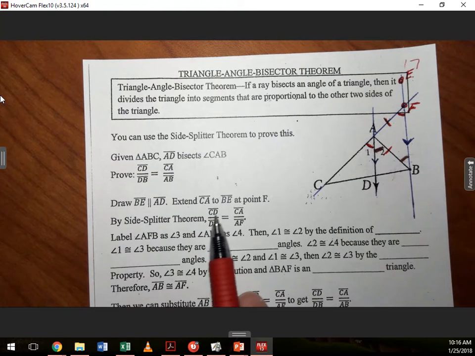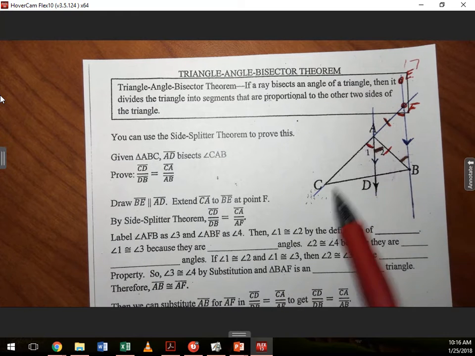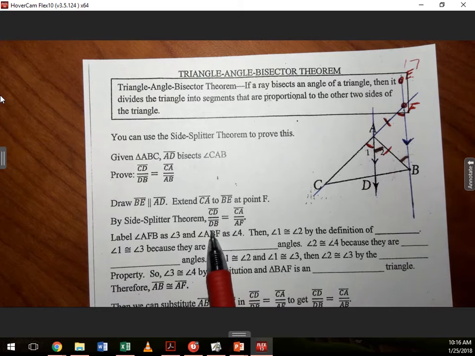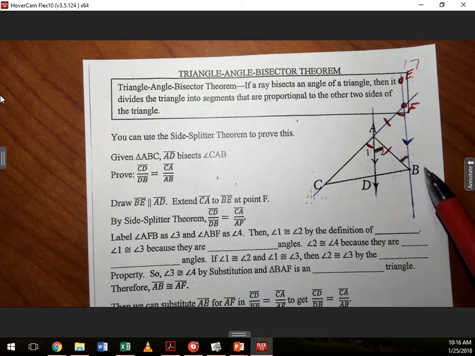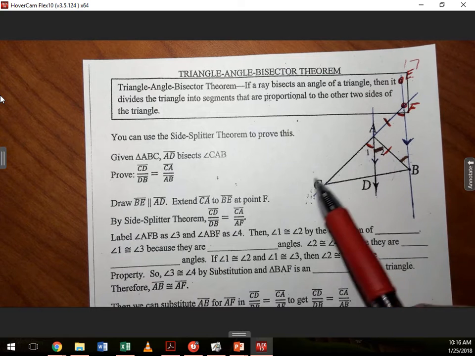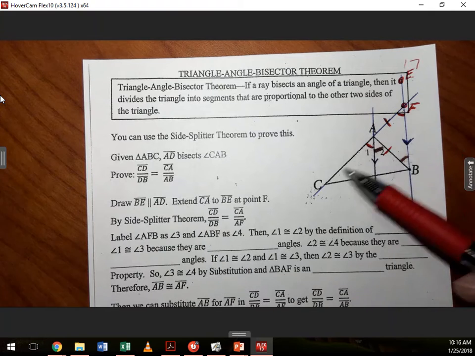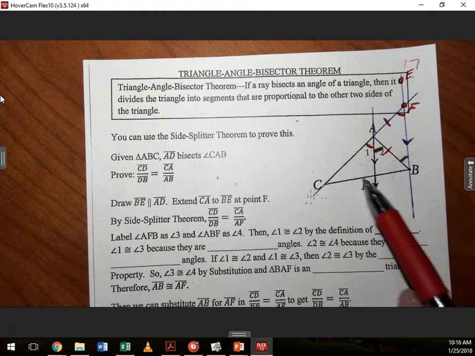So side splitter theorem, CD. Okay, CD is actually going to be right here over DB, this one right here. So we're talking about just the bottom of this right here. CD over DB is going to be equal to CA, which goes along with this because CD is from here.